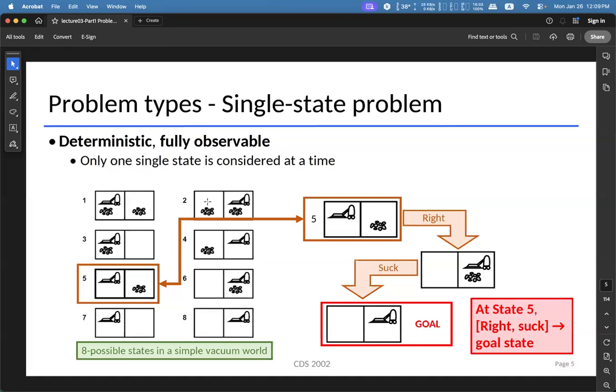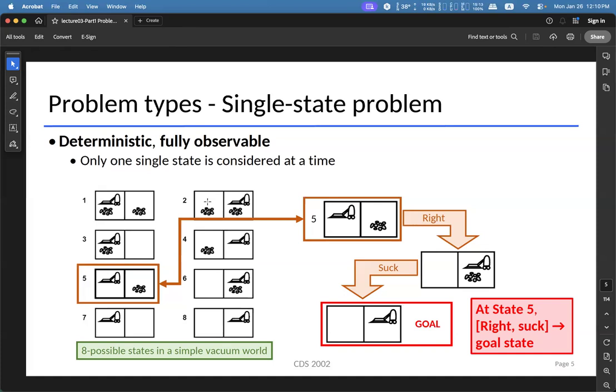In our course, we will start off our discussion on the single state environment. When we are talking about a single state environment, we are talking about an environment that is deterministic and fully observable, meaning that all the elements in the environment are fully observable by the agent.